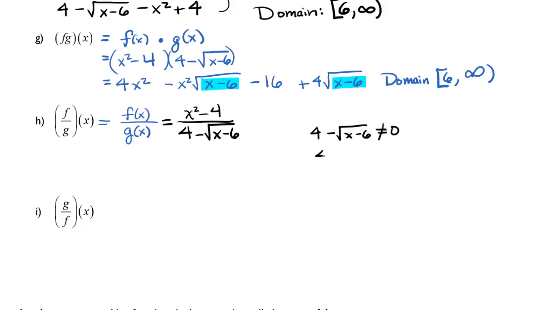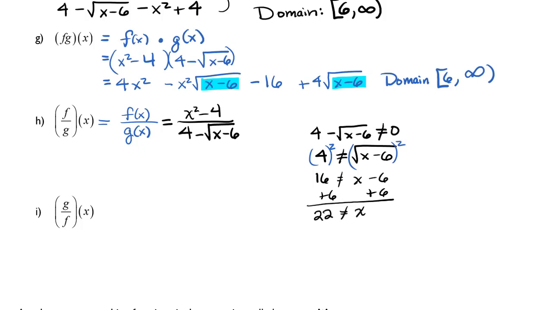If we solve that, we'll get 4 cannot equal the square root of x minus 6. If we raise both sides to the second power, that will give me 16 cannot equal x minus 6. Therefore, if I add 6 to both sides, x cannot be 22.